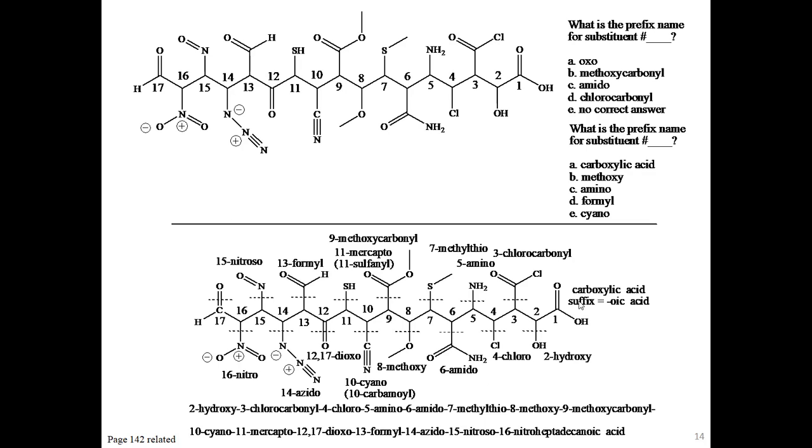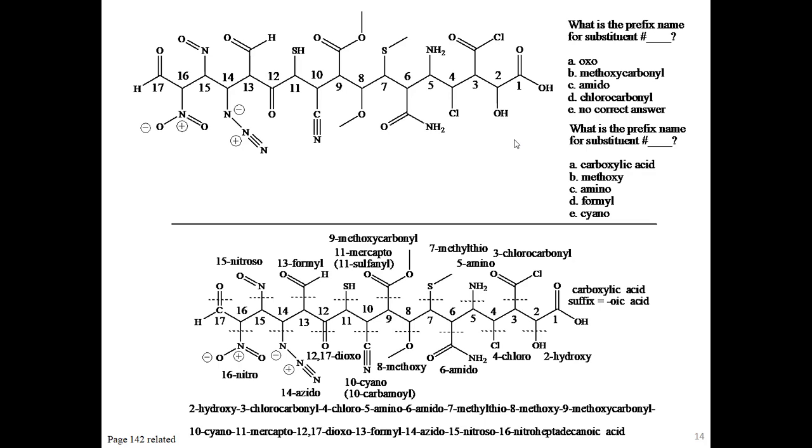You can go down the line and see I put in the different names so that you could check those out, and I wrote it all out in order of appearance. I didn't do anything alphabetical, and I would prefer you do it that way too. And then I get down to the end. So it's a hepta, that's for 7, and dec for 10, decan, no double bonds, triple bonds, oic suffix, acid.